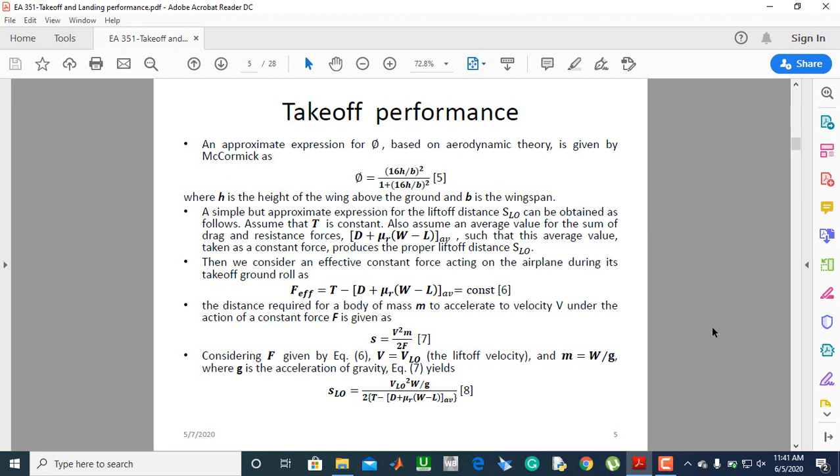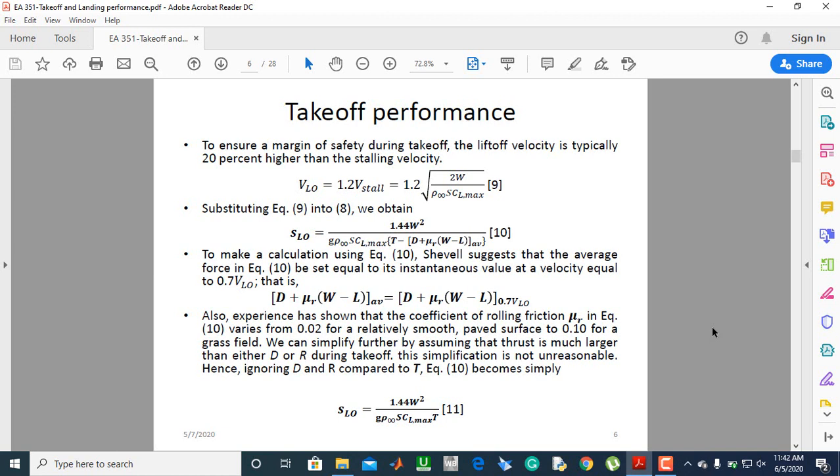So the lift off distance is equal to the lift off speed, VLO, squared, multiplied by W over g, the mass, then divided by 2 times the force.